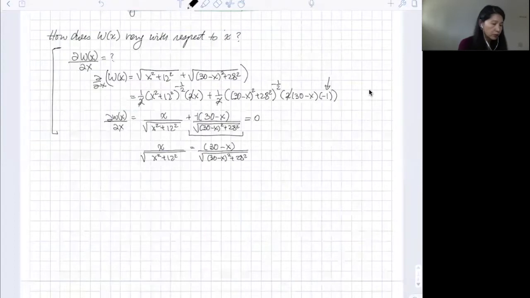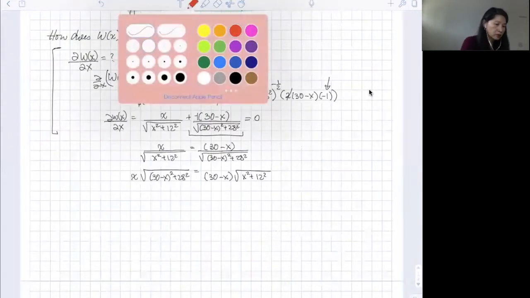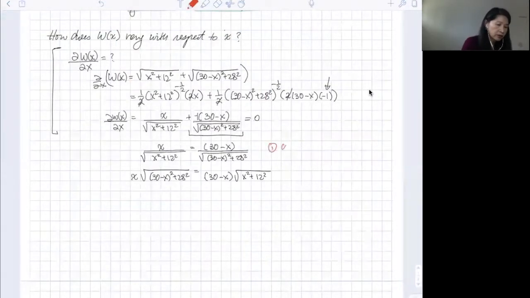Okay, now we cross multiply to get x times the square root of (30 minus x) squared plus 28 squared, and this equals (30 minus x) times the square root of x squared plus 12 squared. So at this point, we have cross multiplied.